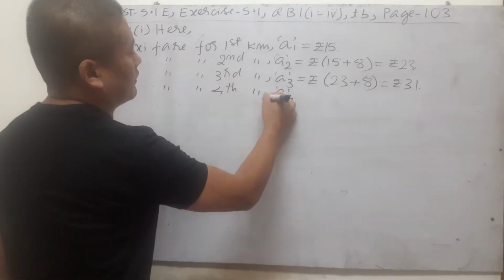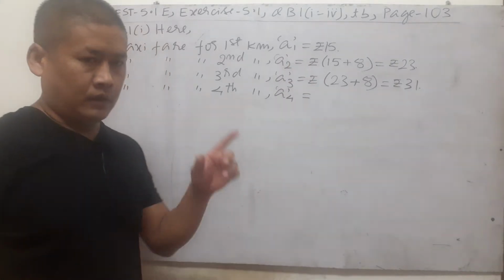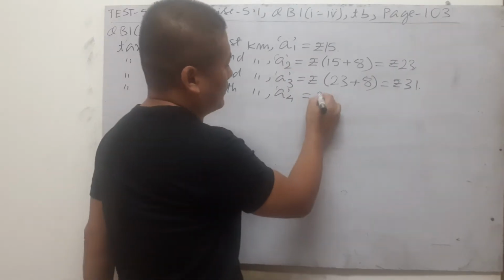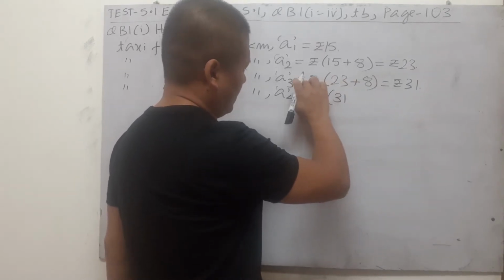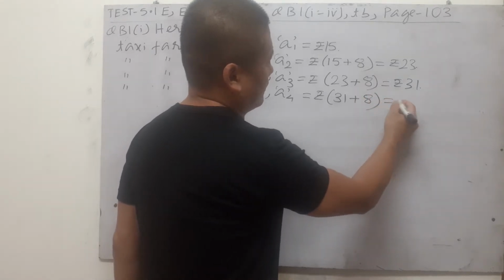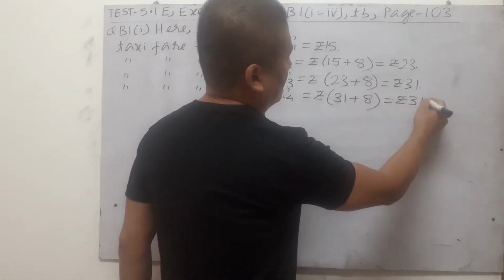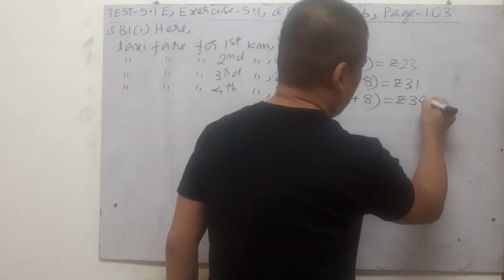And taxi fare for the fourth kilometer, A4. So I think that will be enough up to the fourth term, right? So rupees 31 was for the third, and so fourth means 1 additional kilometer. For each additional is rupees 8, so 31 plus 8 is rupees 39.